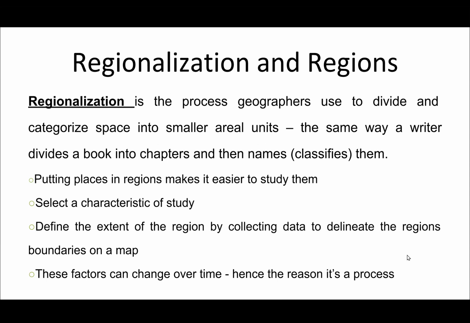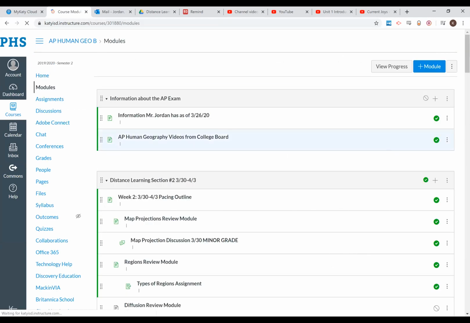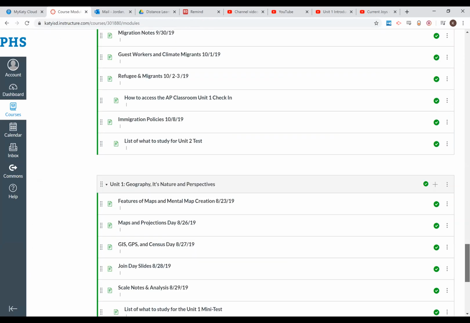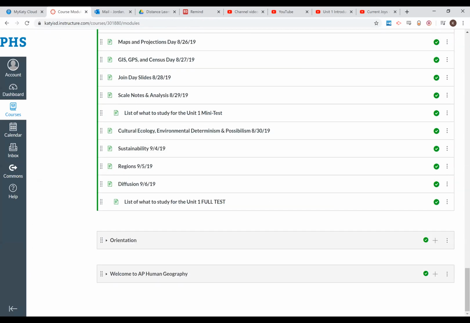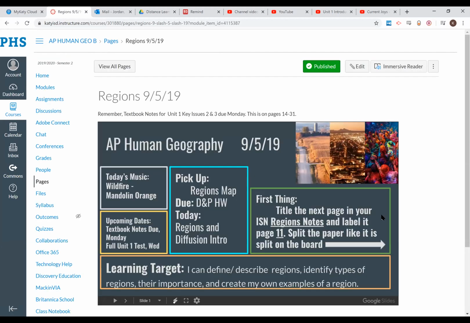Let me see here. If I exit out of this, you go to modules, and then you can go all the way down to the first unit. Hey, look at that. And probably the one you're going to want to look at is going to be regions, because it's a module we've already used. It's crazy. Insane. There you go. Wow, look at that.